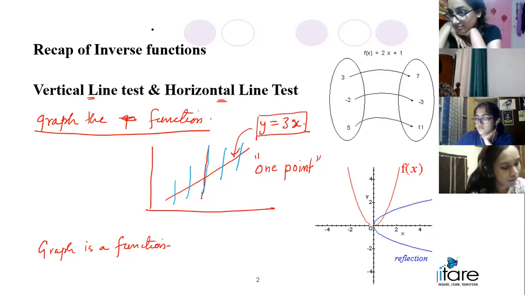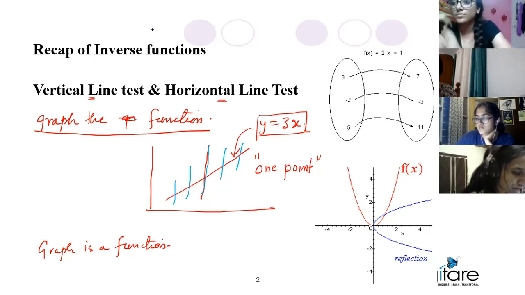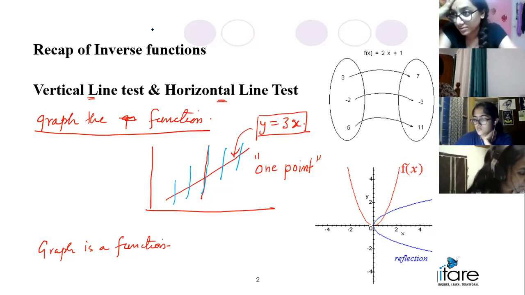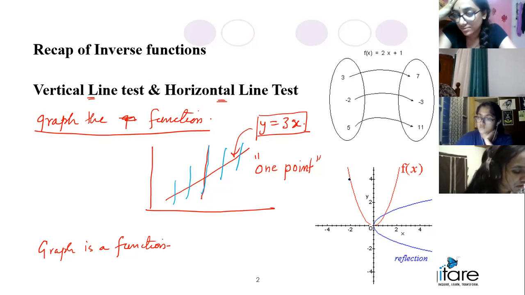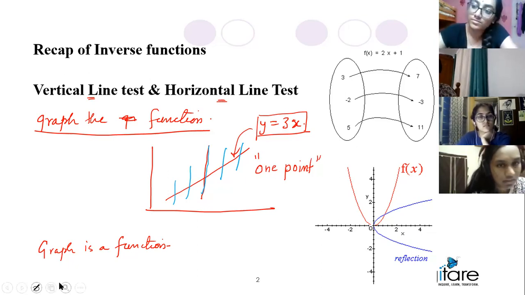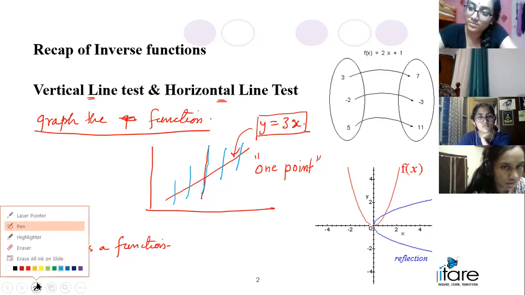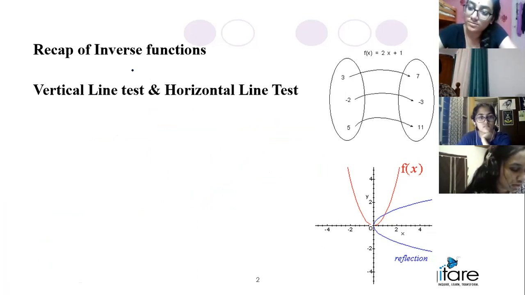Then the second part is the invertibility. The vertical line is going to test for whether it is a function or not in the first place. Okay. The second thing is invertibility. So what this says, you reflect the graph. Don't worry if you don't understand it, but I'm just writing it down.